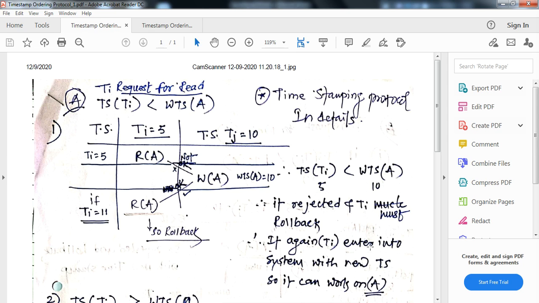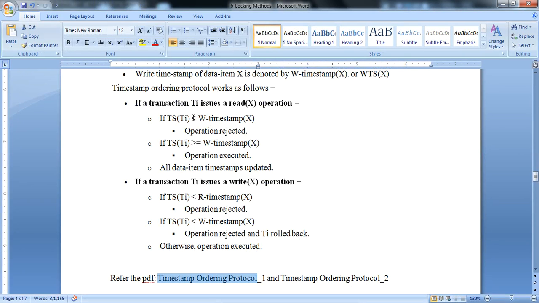Ti enters the system again with a new timestamp, so it can work. Means if this condition is true, then it is rejected. If it is false, then it is allowed.